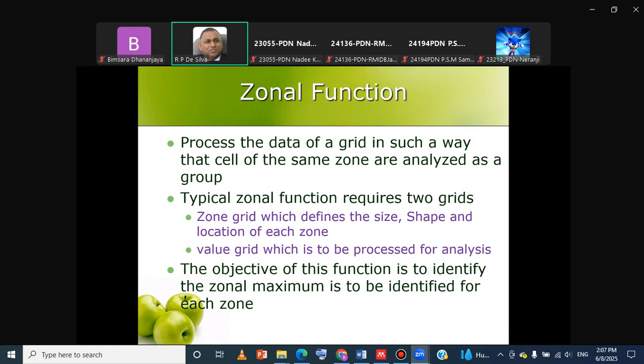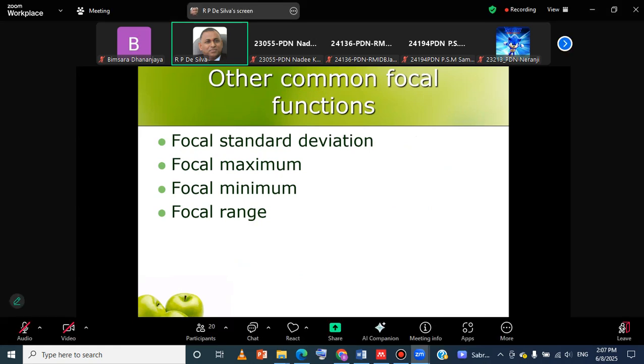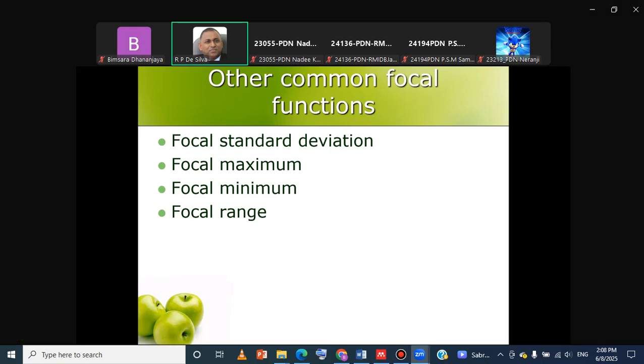Right? I'm still talking about the focal functions, not zonal. So when you look at a neighbor, the definition is that it shares a non-zero length boundary with the particular cell. A neighbor is defined as another cell which shares a non-zero length boundary of that cell under reference.